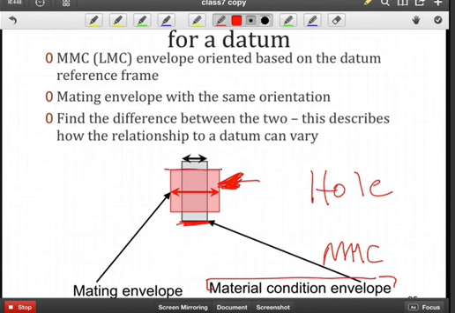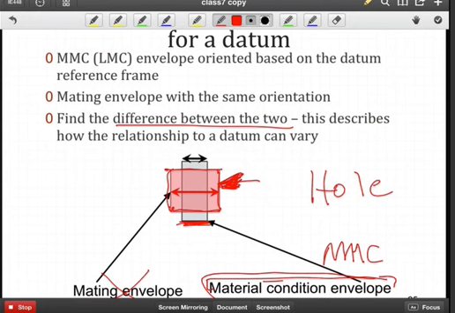However, if we were to use a mating envelope, it might actually be larger because the actual hole deviates from material condition. So when you're establishing a datum that has a material condition, you're going to use the material condition envelope, not the mating envelope. Now, what is the net impact of that? Well, you can see the difference between the two.